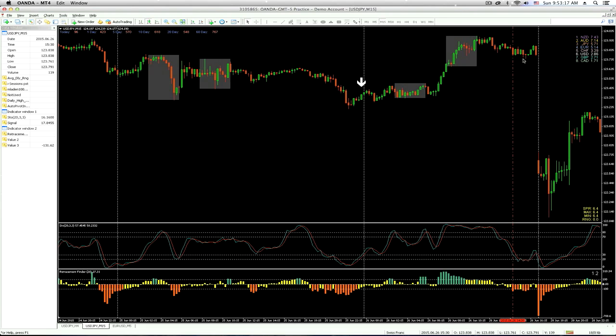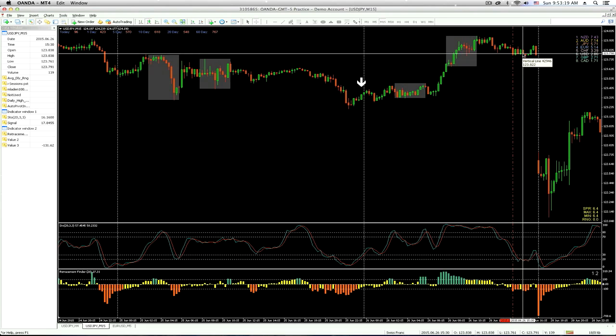On this one we would have had about 20 pips to this swing. Since it's the weekend, I would have probably gone all the way to 30, somewhere around there, to account for opening and closing spread differentials.